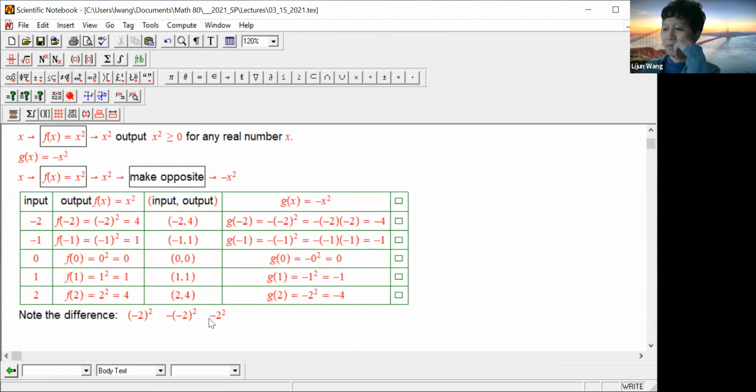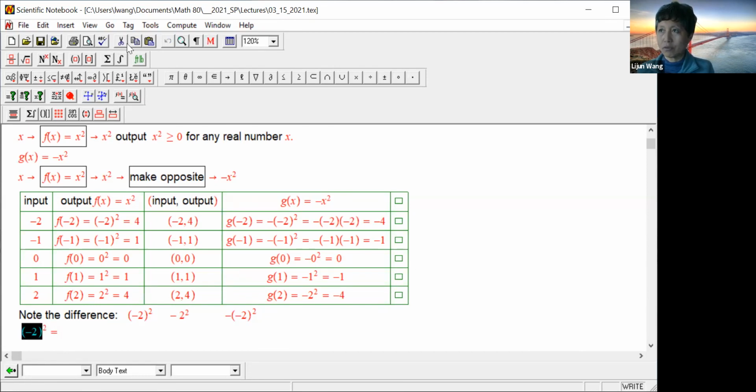Okay. Take these away. Are these two the same or different? Very different, isn't it? Absolutely. (-2) squared, if you have parentheses, it means this is the base and that's the exponent.